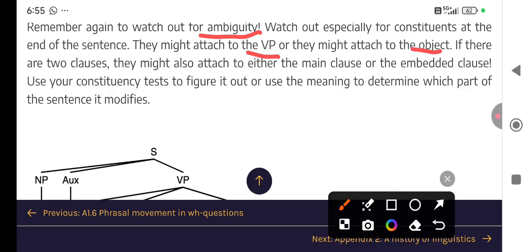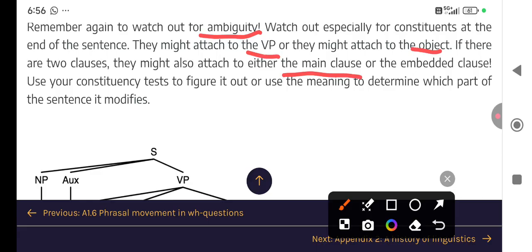If there are two clauses, they might attach to either the main clause or the embedded clause.